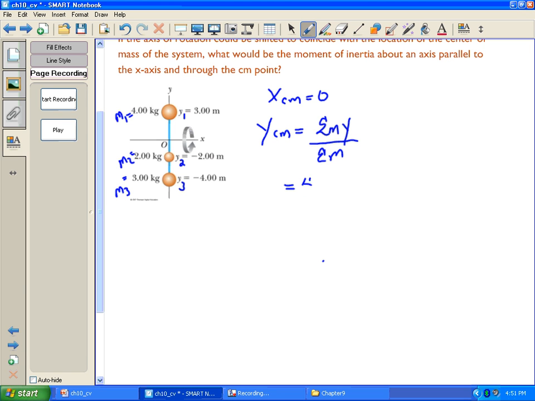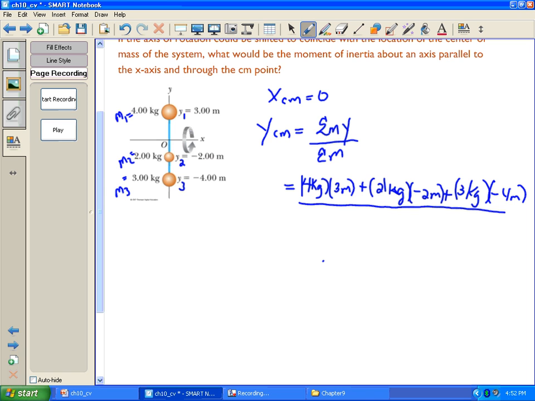So we have 4 kilograms times 3 meters plus 2 kilograms times minus 2 meters plus 3 kilograms times minus 4 meters.